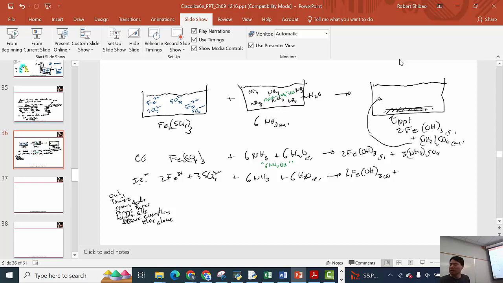Are ammonium salts soluble or insoluble? They're soluble. Yeah, and so soluble salts we ionize. And so what does ammonium sulfate ionize into?